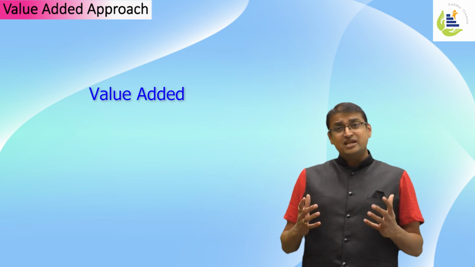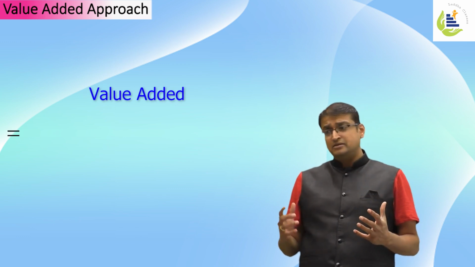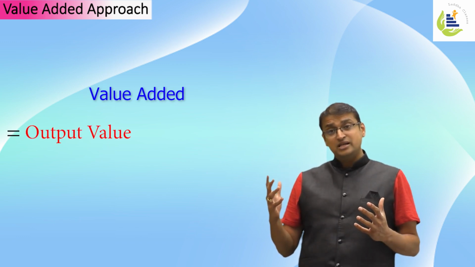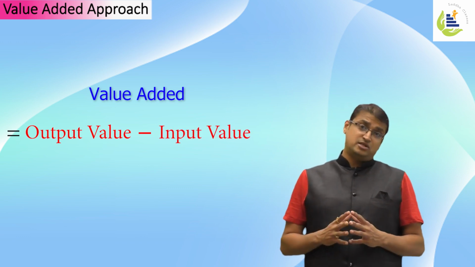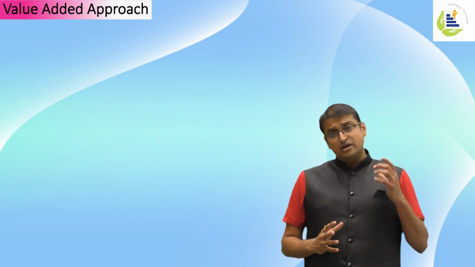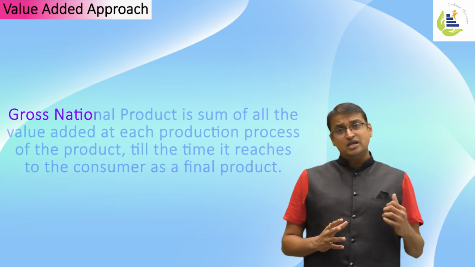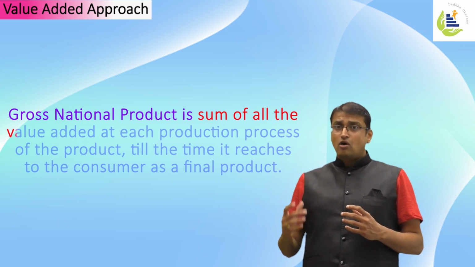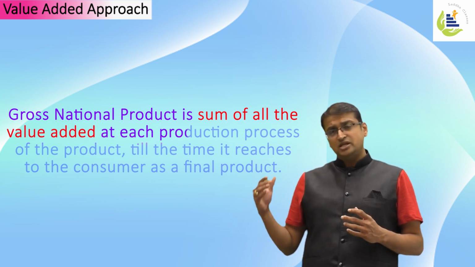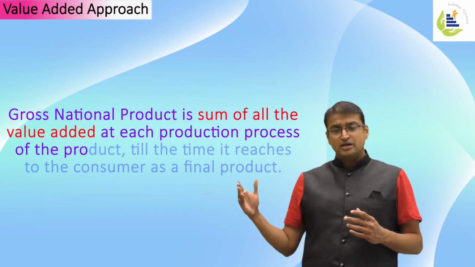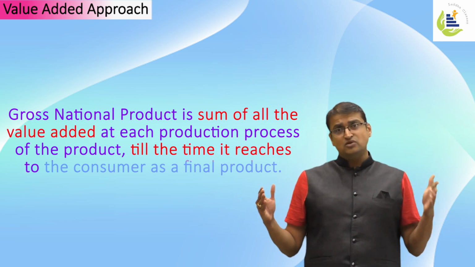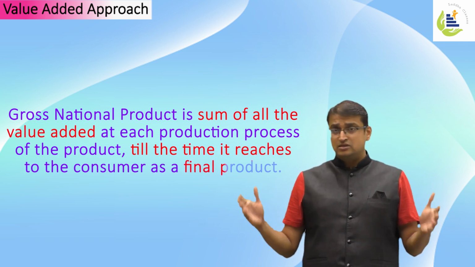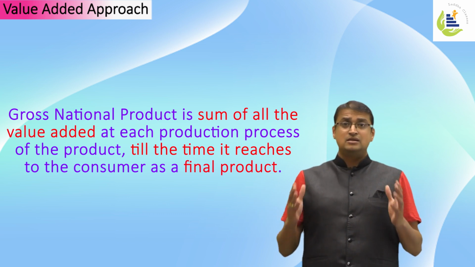Value added at each stage is basically the difference between value of output at that stage minus value of input at that stage. Hence, according to value added approach, the gross national product, or I would say national income, will be the total of all the value added at different stages of production of the product till it reaches the final stage of consumption in the hands of the consumer.